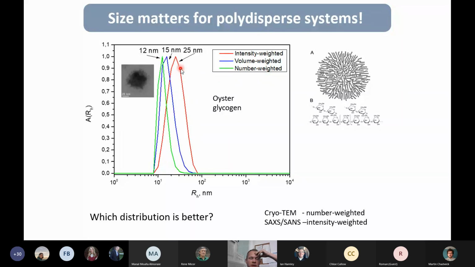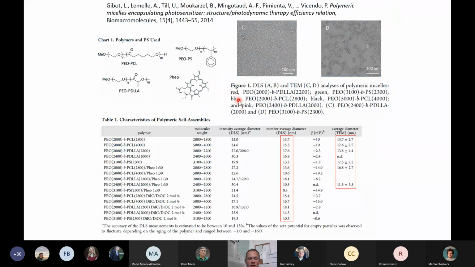In dynamic light scattering, the first value is based on scattered intensity. The biggest particles scatter the most, so they are the most represented in this distribution, whereas transmission electron microscopy is based on number weighted distribution.